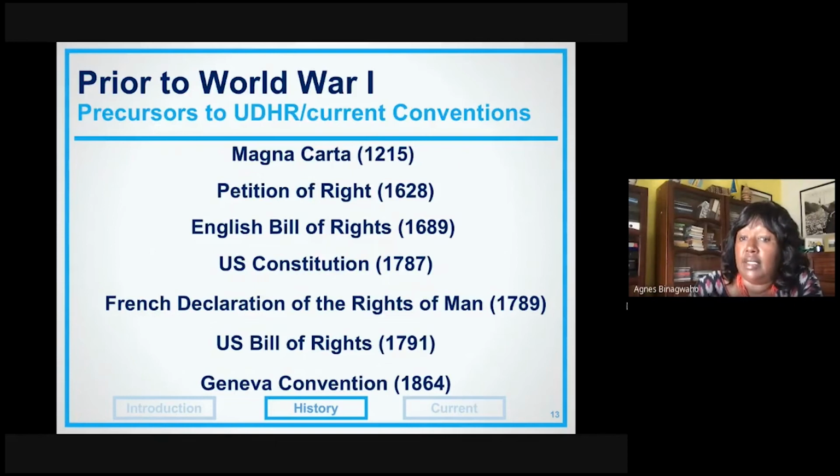This led to the conception of the US Constitution in 1787, the French Declaration of the Rights of Man and Citizen in 1789, the Bill of Rights in 1791, and the Geneva Convention in 1864.